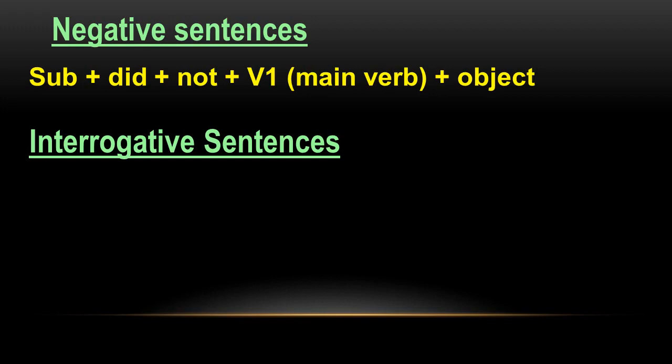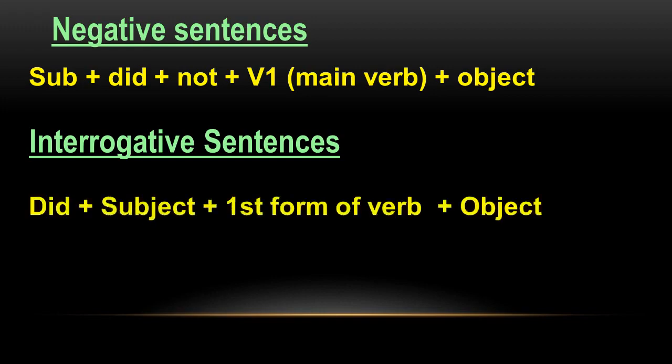Though in simple past tense we use second form of the verb, while changing the sentences into negative and interrogative, we switch to first form of the verb, as along with did first form comes. For interrogative, did auxiliary will come forward, then subject, then first form of the verb plus object.